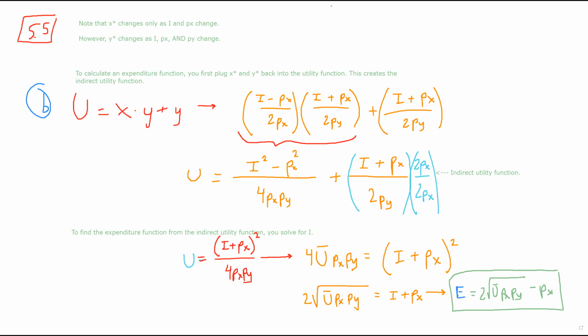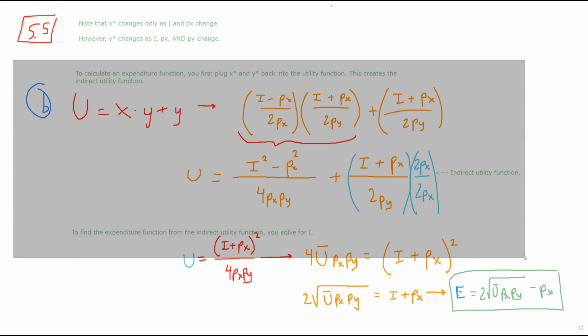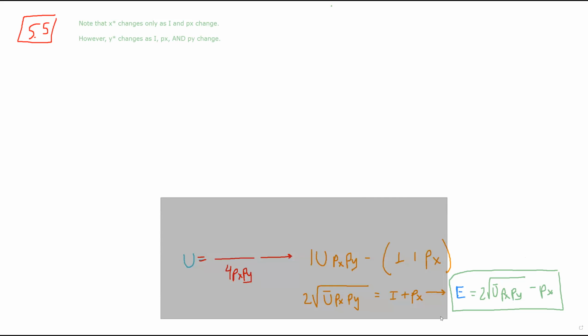Part C wants us to use the expenditure function to compute the compensated demand functions for both x and y. Okay, that's easy enough. We still need this guy.